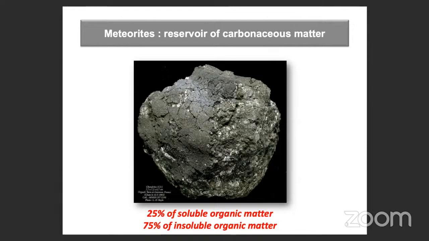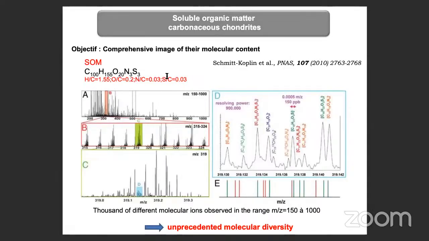So for instance, Philippe Schmitt-Kopplin in 2010 developed a new approach to analyze these organic contents using high-resolution mass spectrometry. What is interesting with this technique is that you have enough resolution to separate isobars, which gives you direct information about the number of molecules that form this organic content. And because we have the high resolution, we can also obtain the atomic composition of each ion.